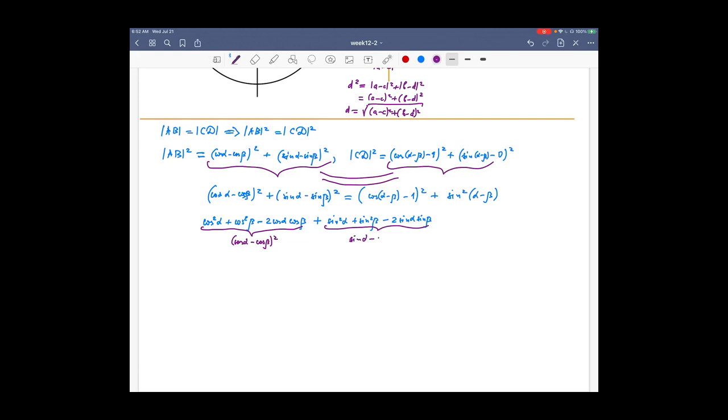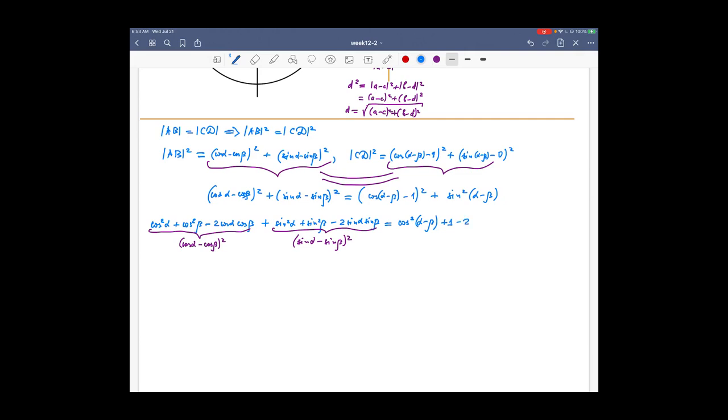That is sine alpha minus sine beta squared. And the same thing on the other side. Square of the first guy plus square of the second guy minus twice their product.